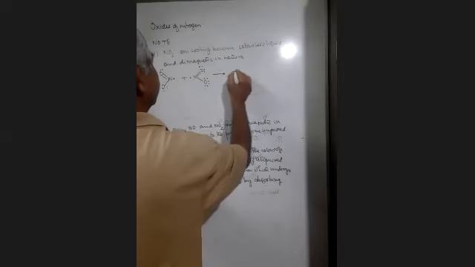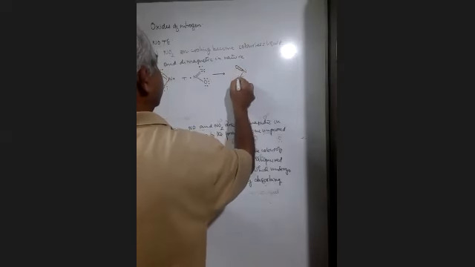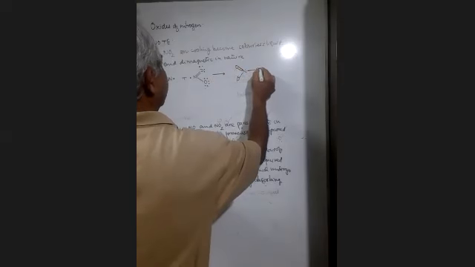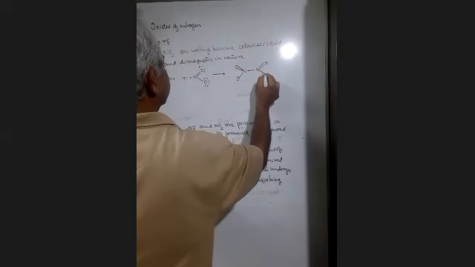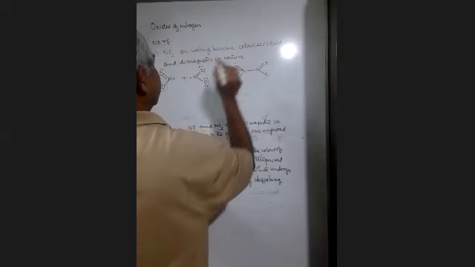See, these two electrons join. And what you get here? Now see, it doesn't have any unpaired electron.